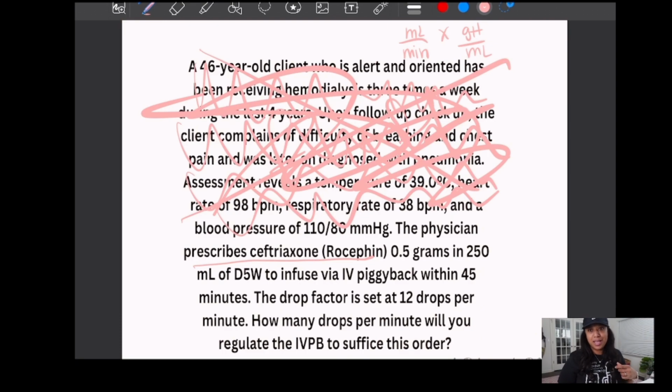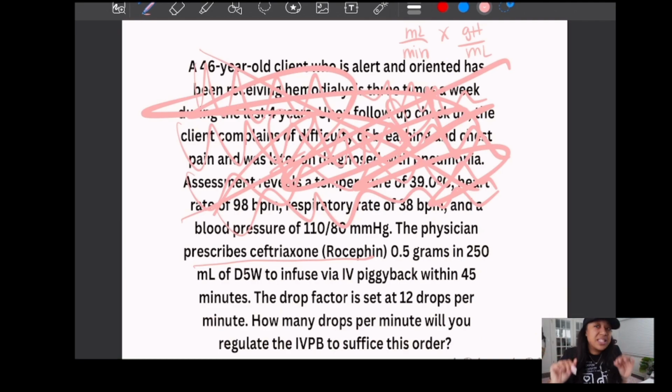Piggyback just means that it's going to be hung higher than your primary bag. So let's say you have a D5W going already. This bag is going to be hung higher than your primary line, and it's going to infuse down and share the same line. And once this gets done infusing, the primary is going to pick back up. So that's all that means.